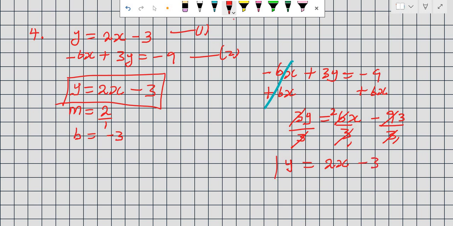This is the slope-intercept form of this equation, and the slope m is equal to 2 over 1. The y-intercept b is equal to negative 3. So if you look carefully, you discover that the slope and the y-intercept of equation 1 is exactly what we have in equation 2. Now let's plot this graph and see how it looks.